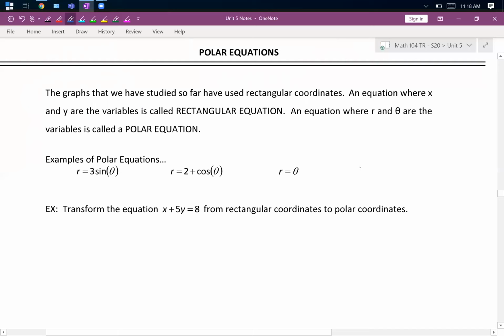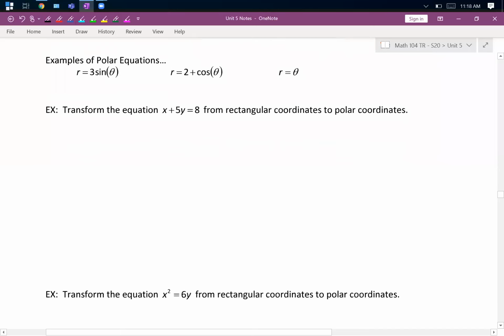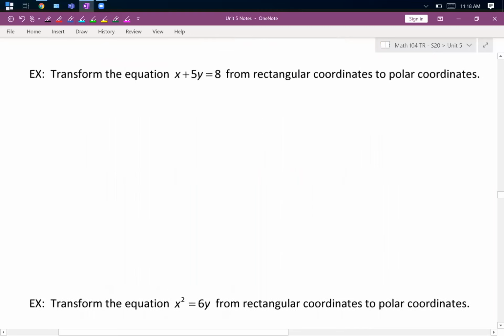So we're going to practice going back and forth between rectangular coordinates and polar coordinates for equations. And we're still using the same rules. We're using the fact that X is equal to R times cosine of theta and Y equals R times sine of theta. We're going from rectangular to polar, so that means get rid of the x's and y's and introduce r's and thetas.